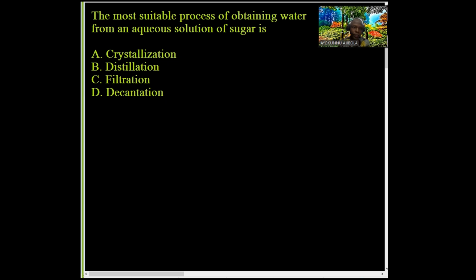Simple syrup crystallizes when enough of the sugar molecules stick to one another that they become insoluble in water. So the process of obtaining water is distillation. Distillation is used to obtain a solvent from a solution. So the correct option is B.